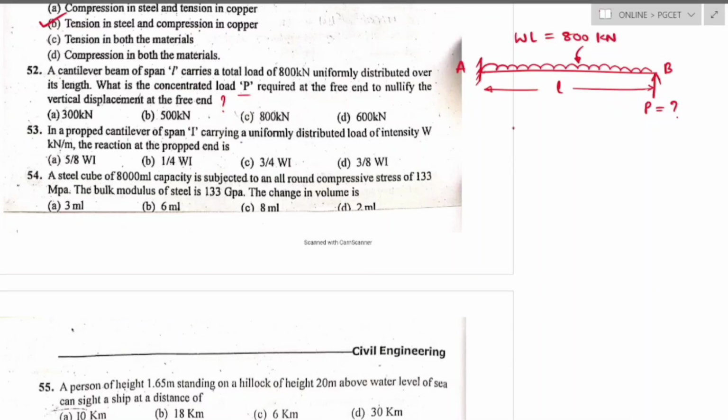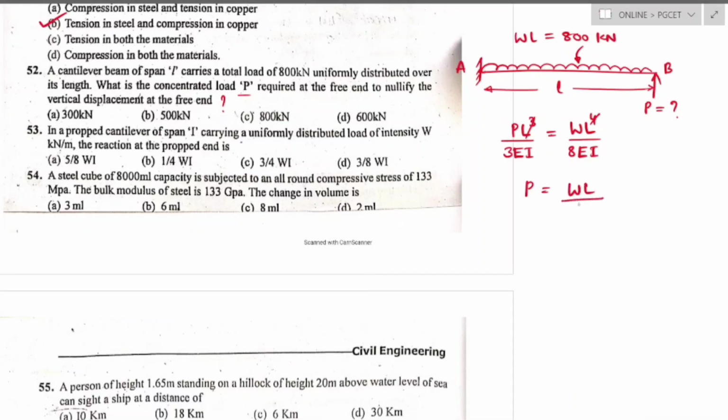From the equilibrium condition, upward deflection due to concentrated load, P L cube by 3 EI, is equal to downward deflection due to total UDL, that is W L to the power of 4 by 8 EI. L cube will be cancelled.